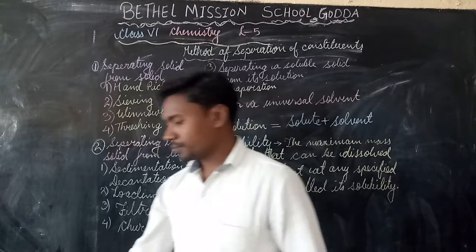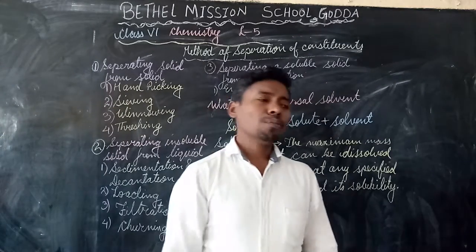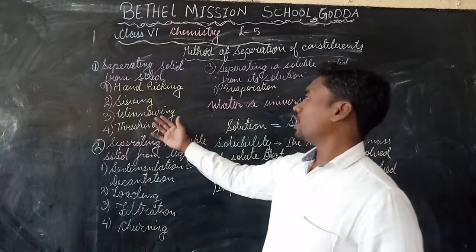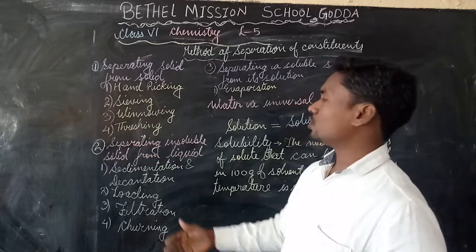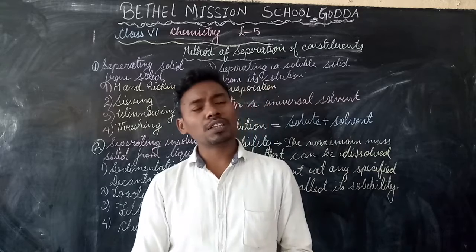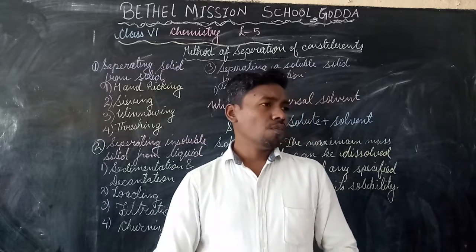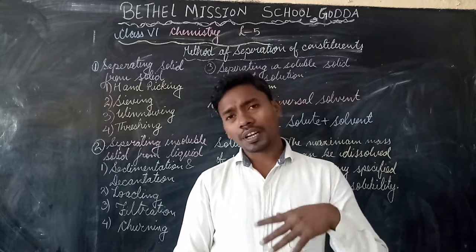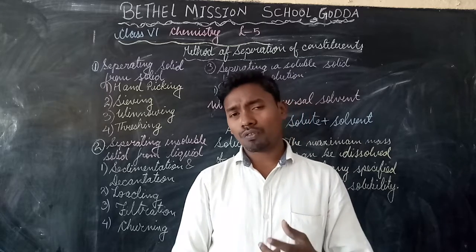And one more process of separating two different solids is threshing. Threshing is also a very commonly used process, especially by farmers, when they want to separate a hard substance from a soft substance.